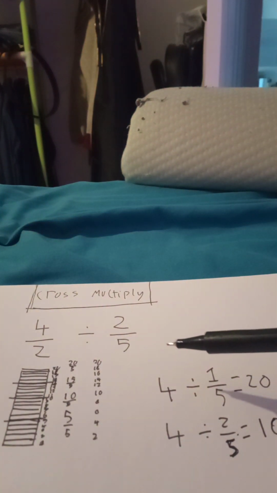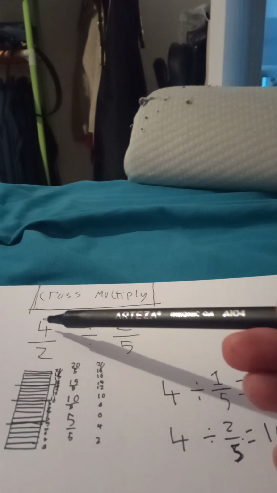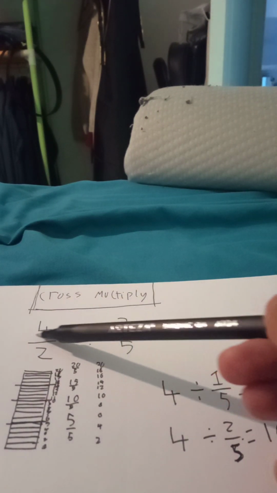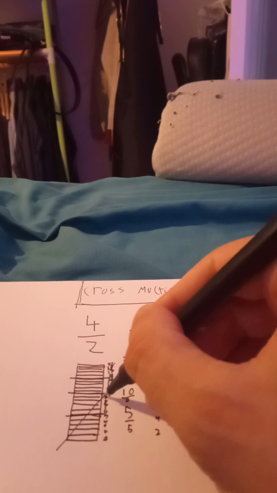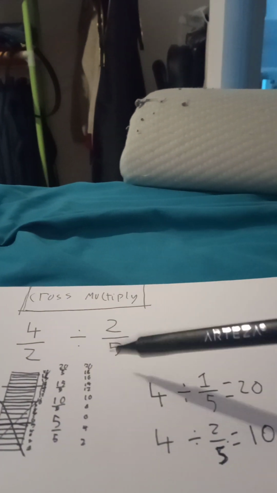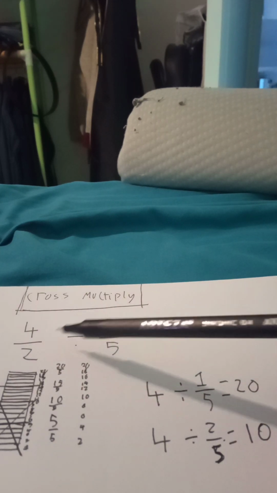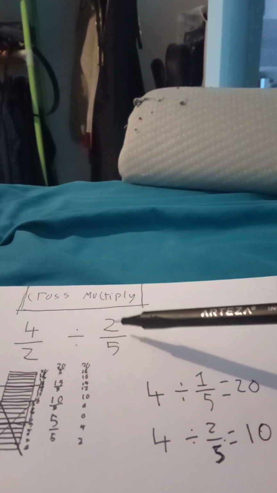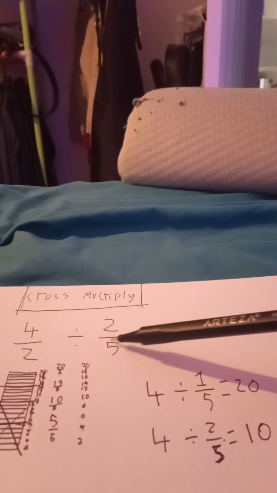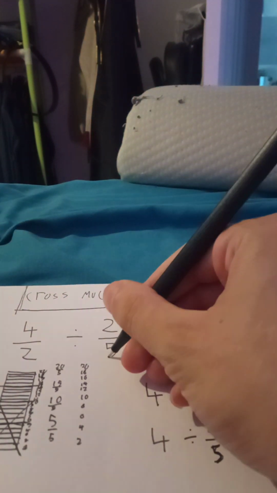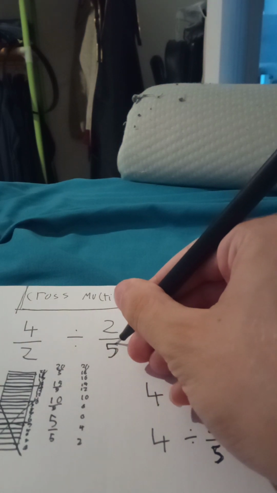Now, actually, if we look at our original problem, we didn't have 4. We had 4 split into 2 parts. So actually, the reason why you can cross multiply is because what you start off by doing is you see how many of the smallest unit there are.